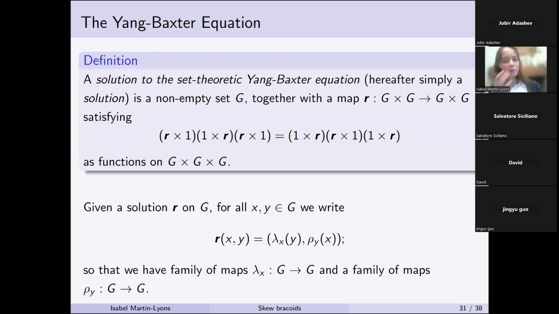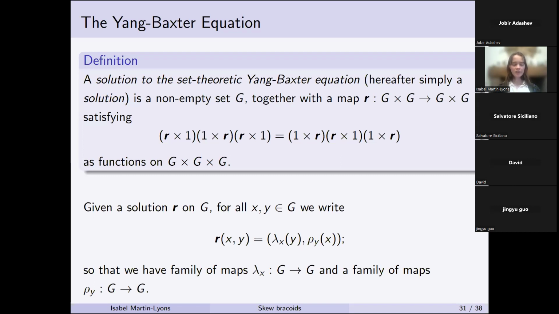Okay, now I promised that this would relate to the Yang-Baxter equation. So first off, what is the Yang-Baxter equation? Well, a solution to the set theoretic Yang-Baxter equation, which I'll now just call a solution, is a non-empty set G together with a map R from G cross G to G cross G, satisfying this sort of braid relation.